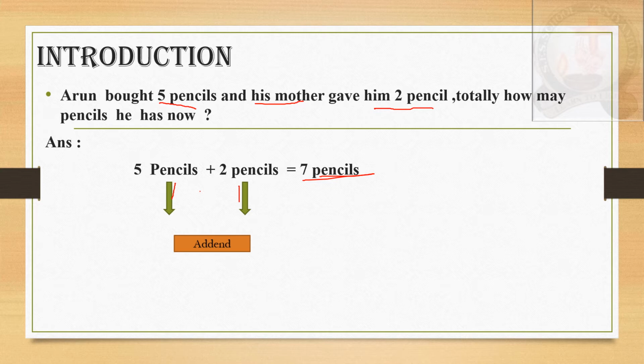When we add some numbers, we get an answer, and that answer is called the sum. The numbers we add are called addends, and after the addition we get the answer, which is called the sum.